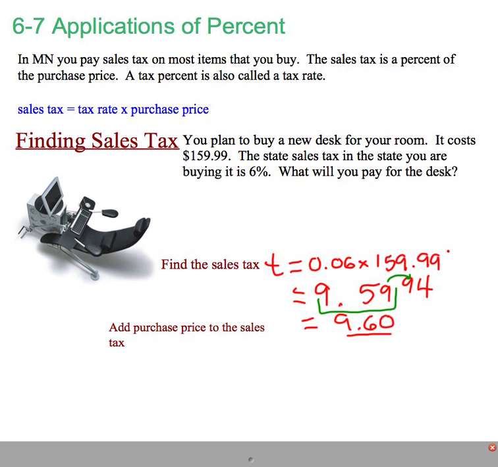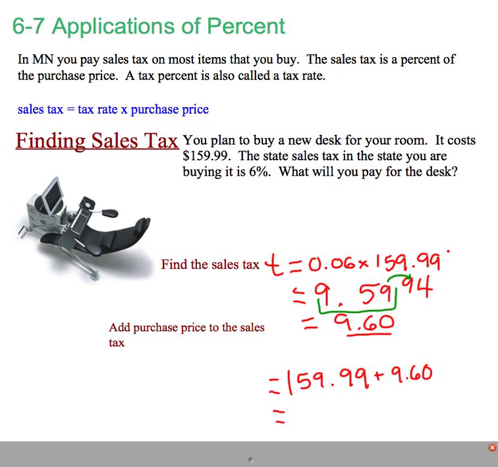So this amount is how much we are paying in addition to our $159. So we take our $159 and our 99 cents and we add the sales tax, which is $9.60.